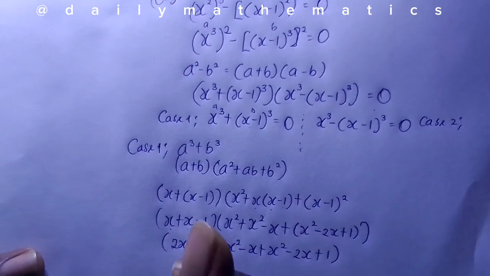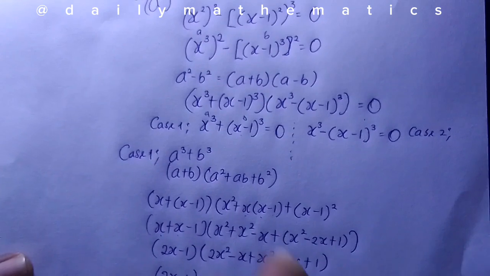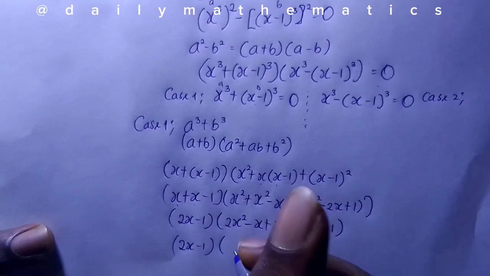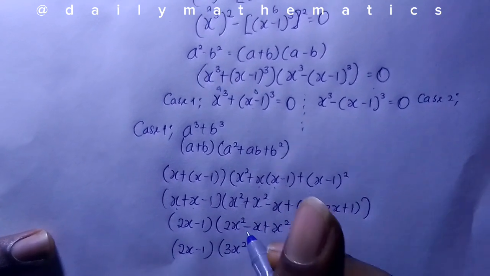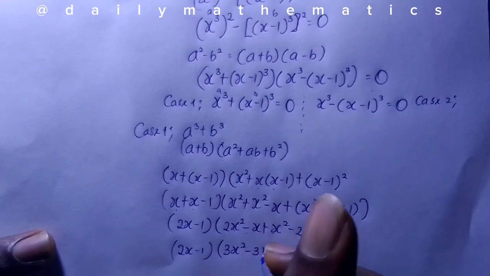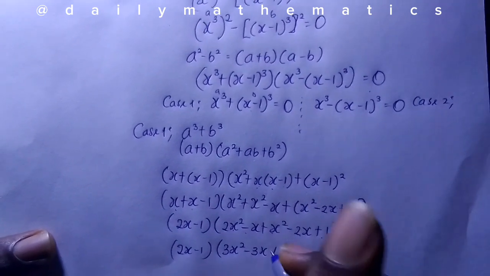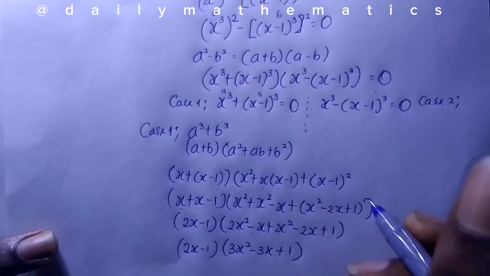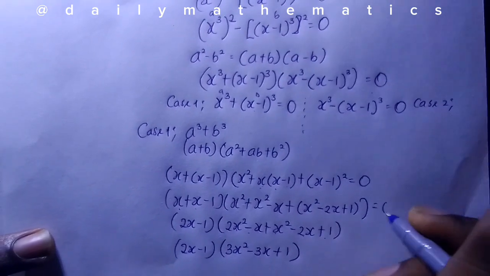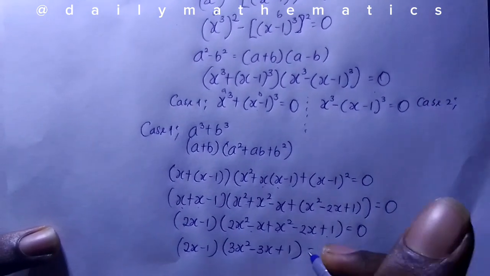So from here we have 2x minus 1, and here we have 2x squared plus x squared, that's 3x squared, minus x minus 2x, that's minus 3x, plus 1.